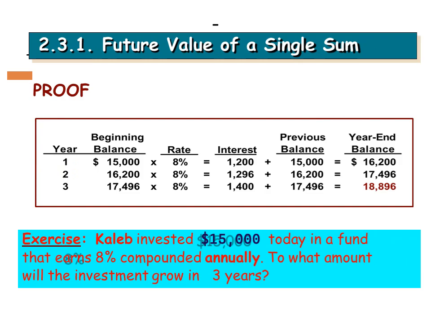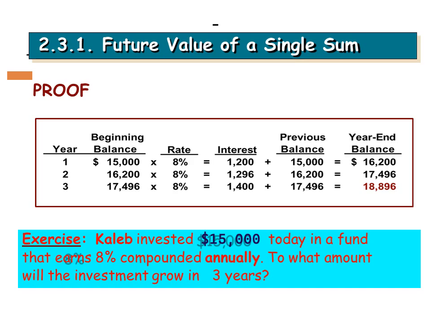Next, Caleb invests $15,000 again today in a fund that earns 8% compounded annually. To what amount will the investment grow in 3 years? That is also how we can prove it, in a simple way, period by period. In period 1, we get interest of 1,200. When we add it to the principal, it becomes 16,200.